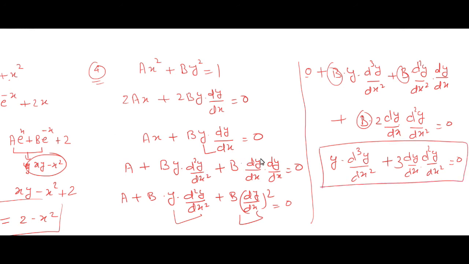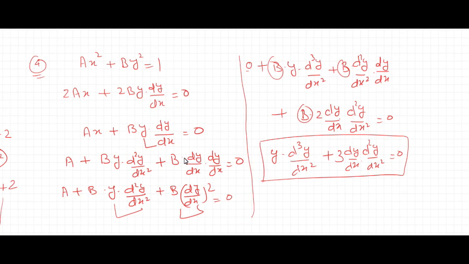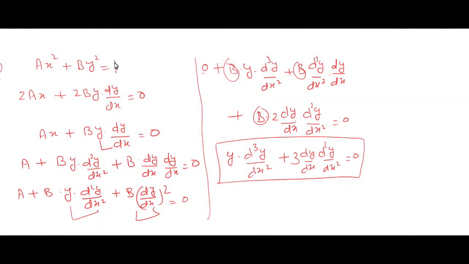So this means if you have an equation like this, this equation will be a solution of such a type of differential equation. a and b may have different values, a may be 2, b may be 3, but this type of solutions are the solution of this.